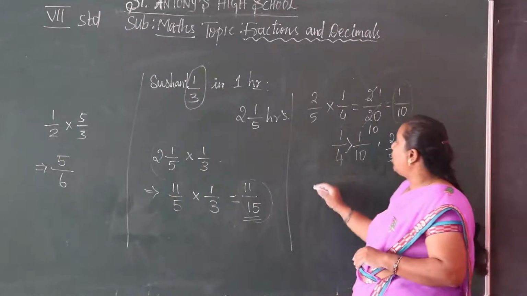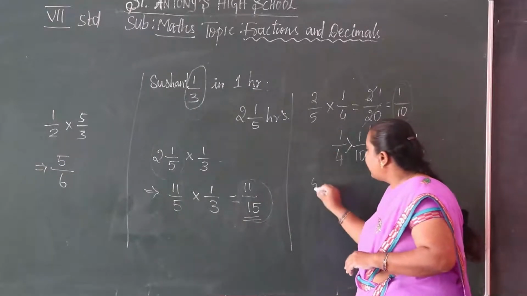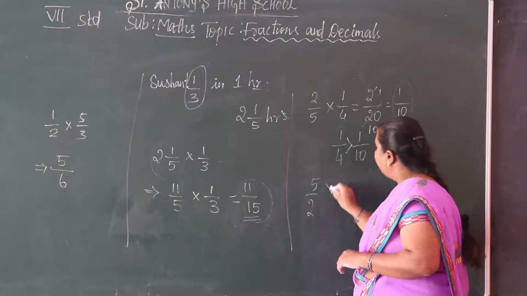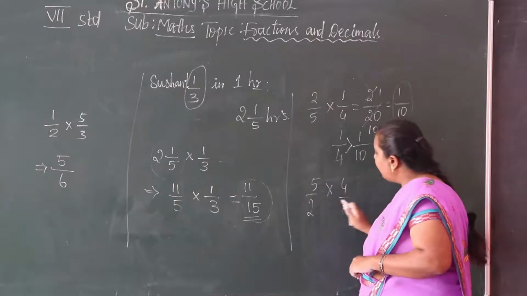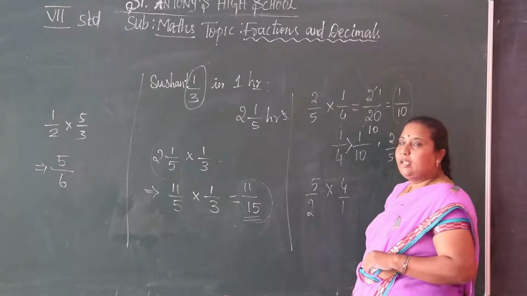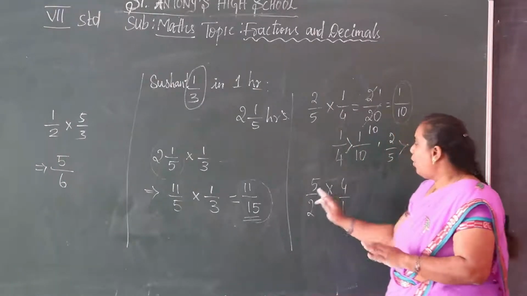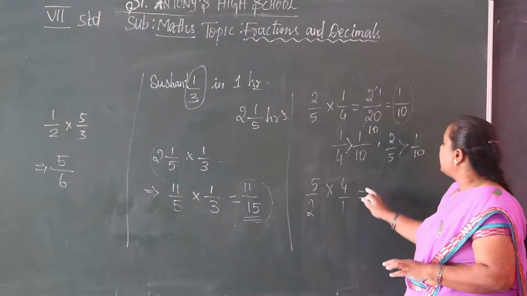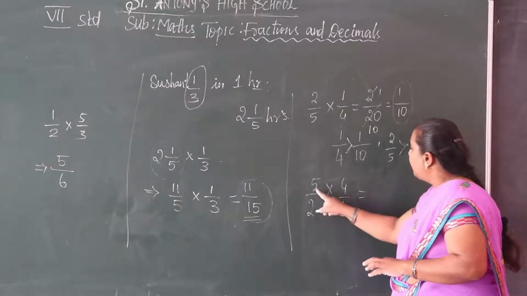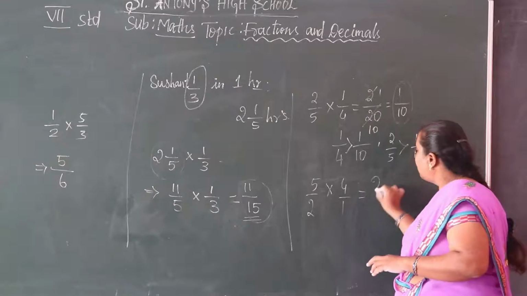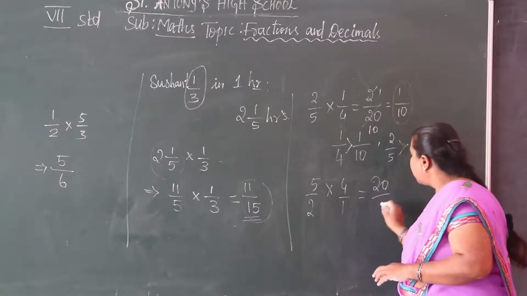Then we move on to another one. We are taking 5 by 2 into 4 by 1. This is an improper fraction, while the earlier ones were proper fractions. Now we are multiplying: 5 fours are 20, by 2 ones are 2.